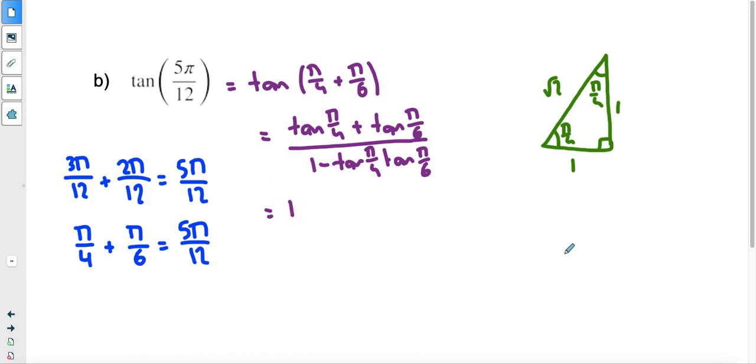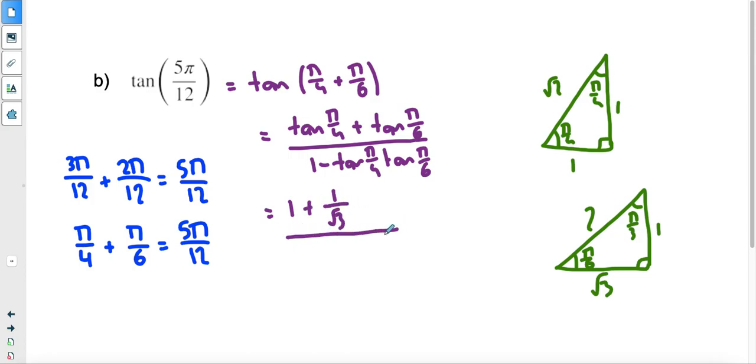Tan of pi over 6, if we think back to our special triangle, is opposite over adjacent, or 1 over root 3. So we just plug those values in.